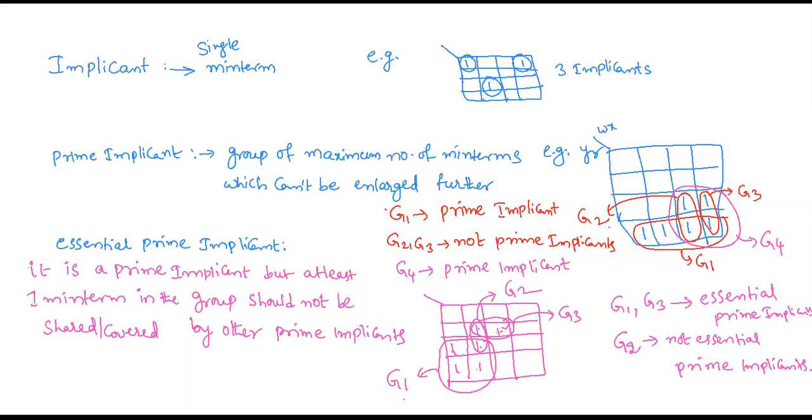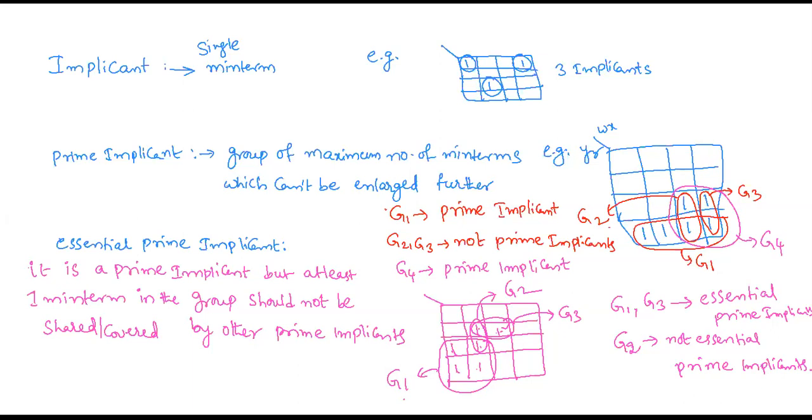Implicant means a single minterm. Prime implicant means a group of minterms, but a group of the maximum number of minterms. By any means you can't increase its size. If you can't increase its size, then it is called a prime implicant.